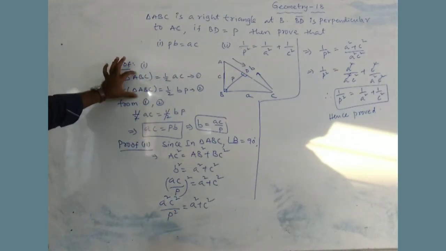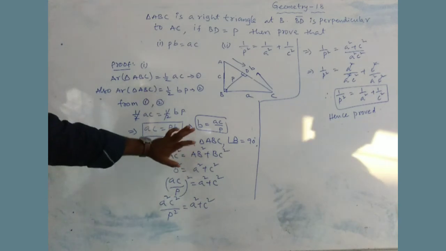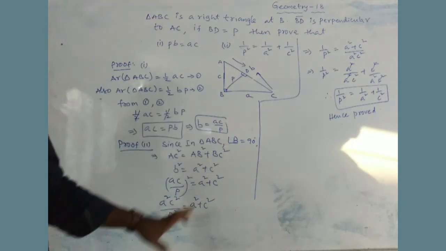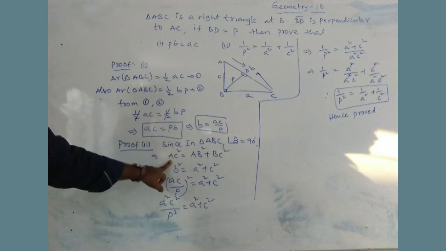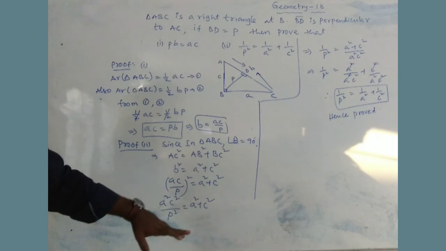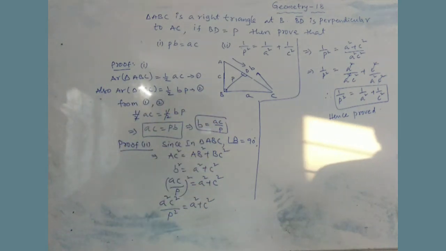By equating these two, we can prove the first condition. And to prove the second condition, because this triangle is a right angle triangle, we can use Pythagoras theorem. By using Pythagoras theorem, we can prove that 1 by p square is equal to 1 by a square plus 1 by c square.